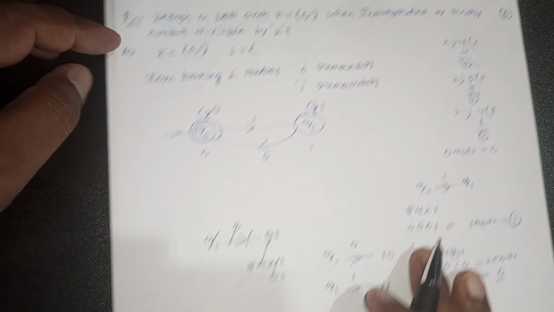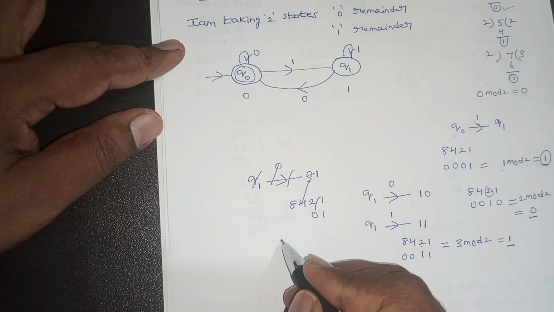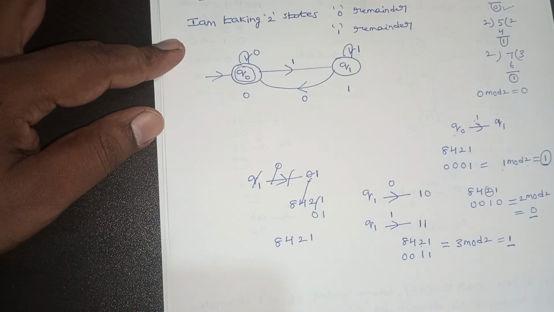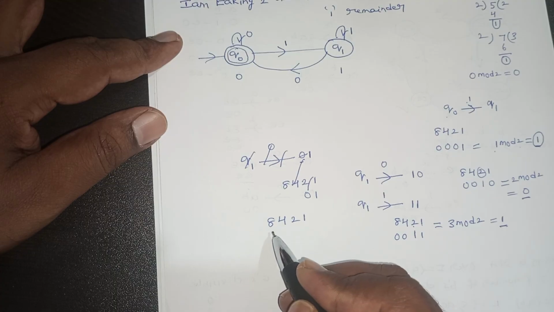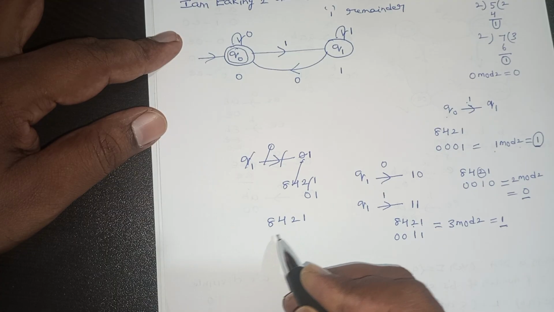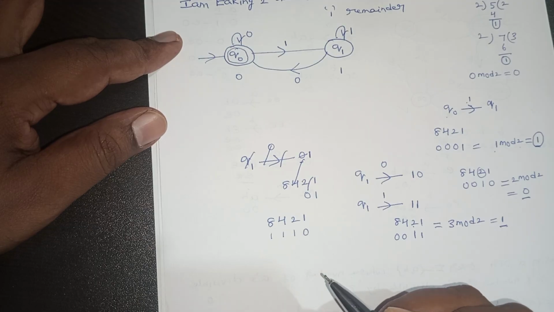Now you take some example. For example, I will take 8 4 2 1. I will take an even number, divisible by 2. I will take 8 plus 4 is 12, 12 plus 2 is 14. Then 1 1 1 0.